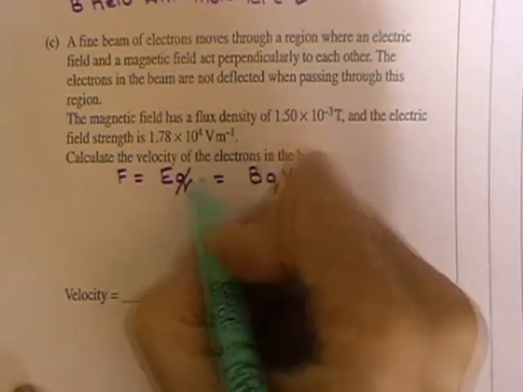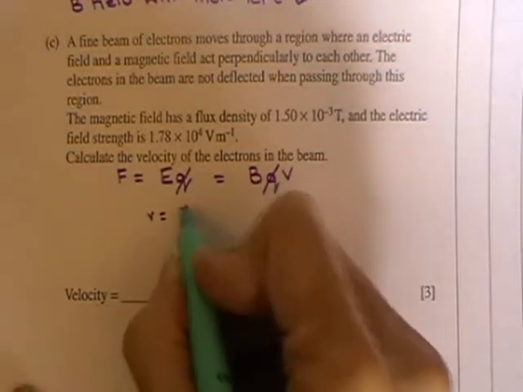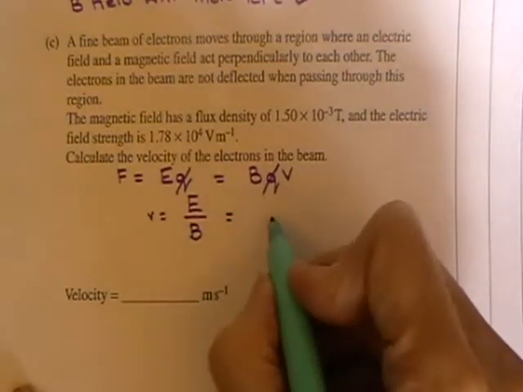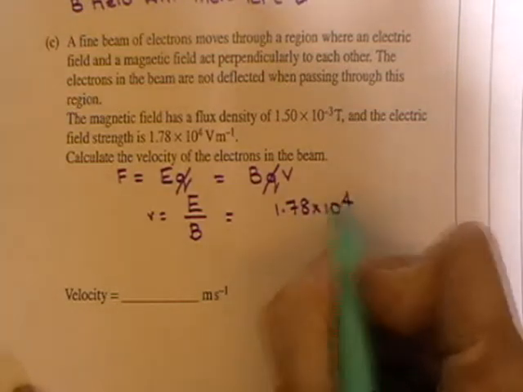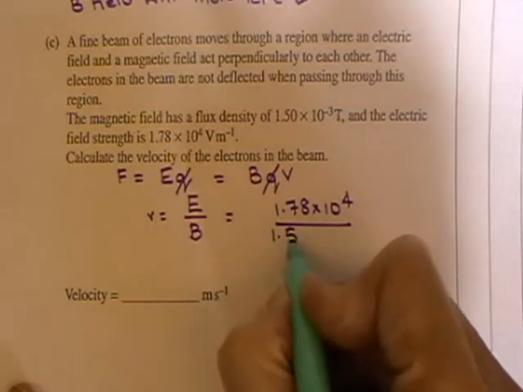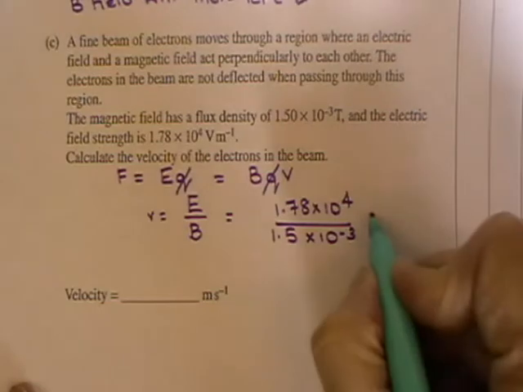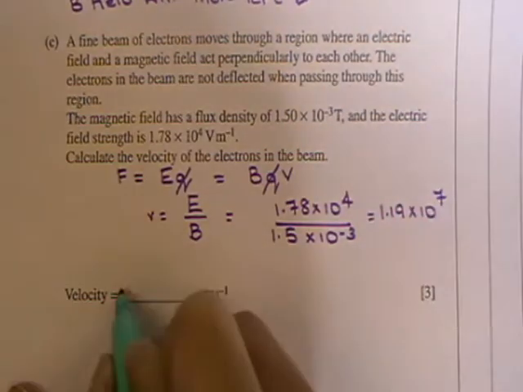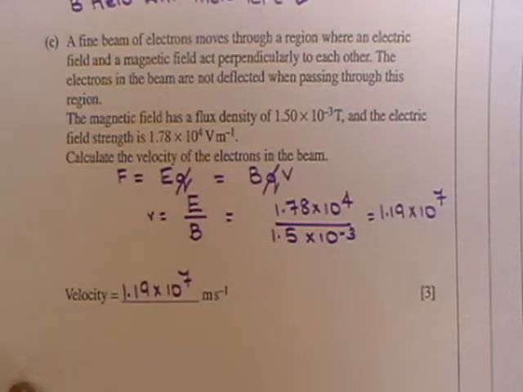The Q's cancel each other out, and therefore when we're looking for velocity, velocity is going to be equal to E divided by B. And E is 1.78 by 10 to the 4, and B is 1.5 by 10 to the minus 3. And that gives you an answer of 1.19 by 10 to the 7. So it's 1.19 by 10 to the 7 meters per second, or m s to the minus 1.